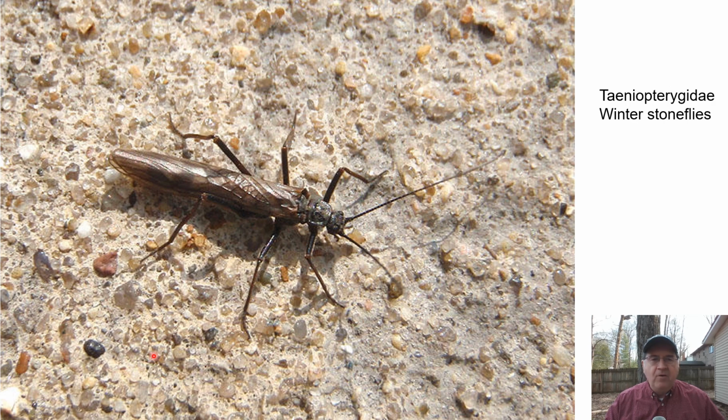We have a whole cohort of things that are called winter stoneflies. There's multiple families that have this sort of habit. What I mean by the habit is that the adults actually emerge during the winter time, mate and reproduce then, and so it's a good excuse to get out in the winter, get a little bit of fresh air, and go try collecting winter stoneflies.